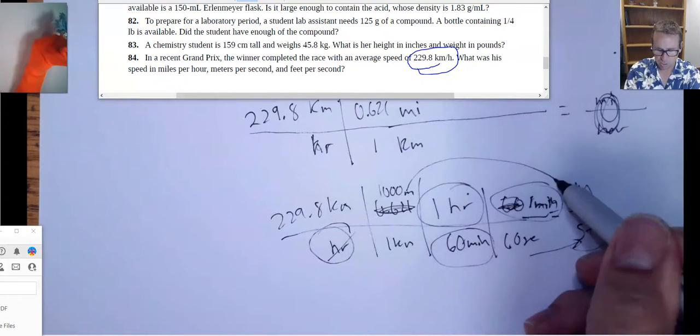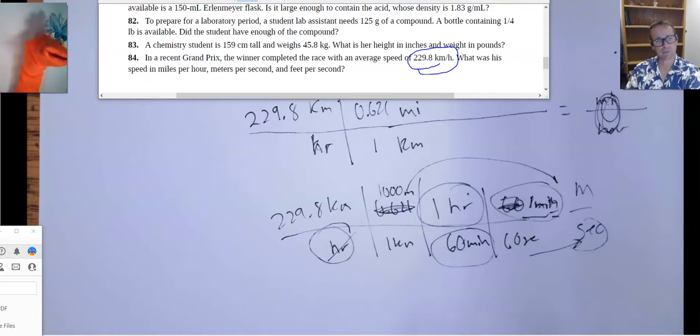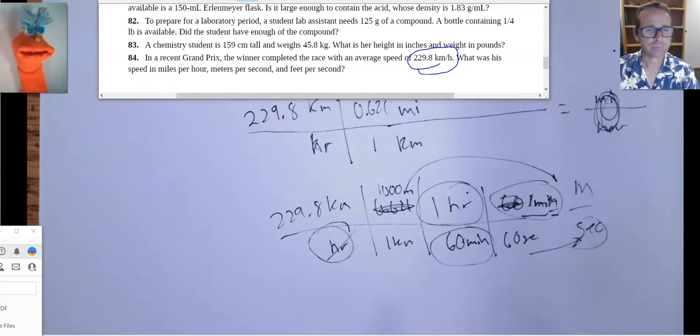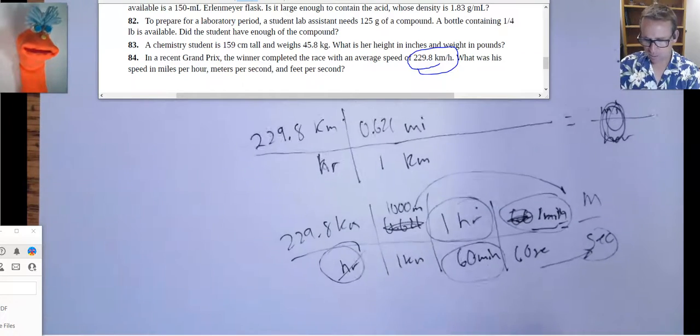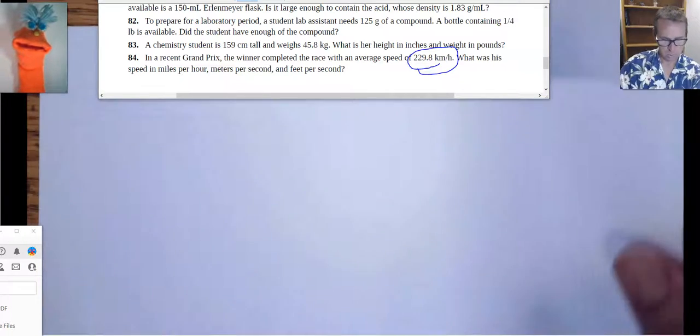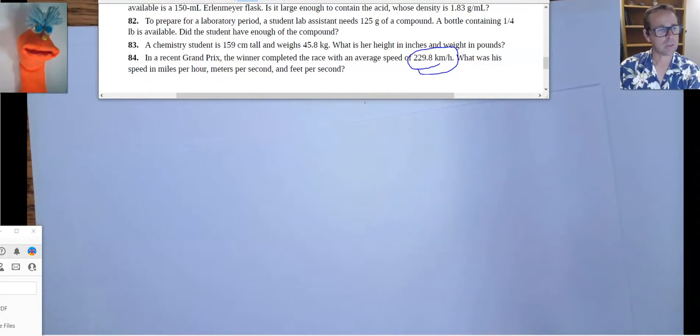So my meters is left over and my seconds is left over. Okay, good. Feet per second, I'll bet you could do that as well. Okay. In a recent Grand Prix race, we just did that one. Where's the mouse?